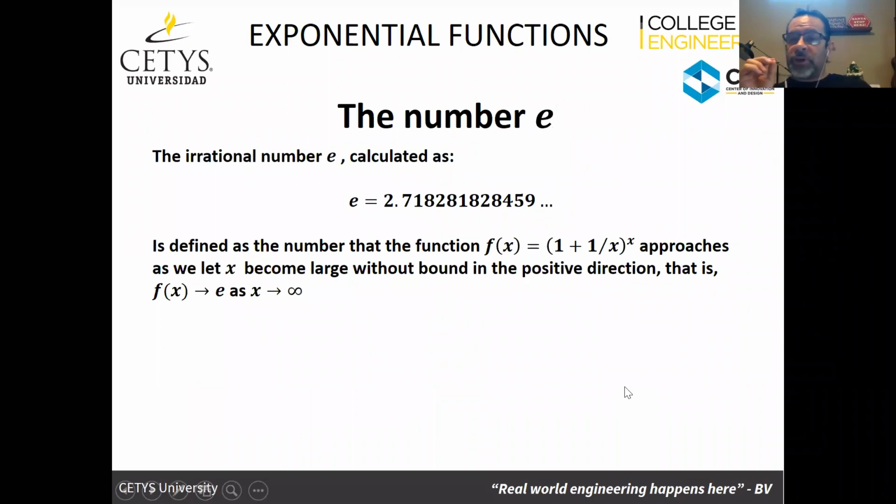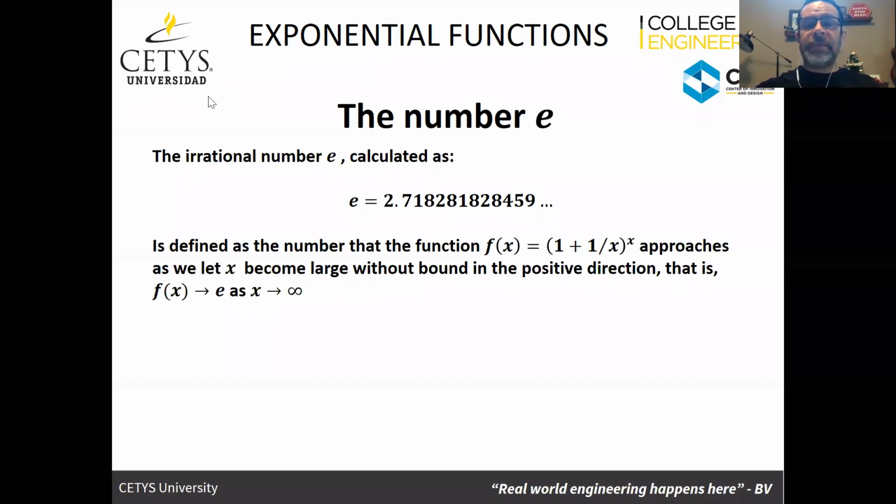Now let's look at a particular case of the exponential function. And this is the exponential function using the number e. Now, what is e, or where does e come from? e is a magical number, actually. It's a number in math that has very special characteristics in math and in nature.